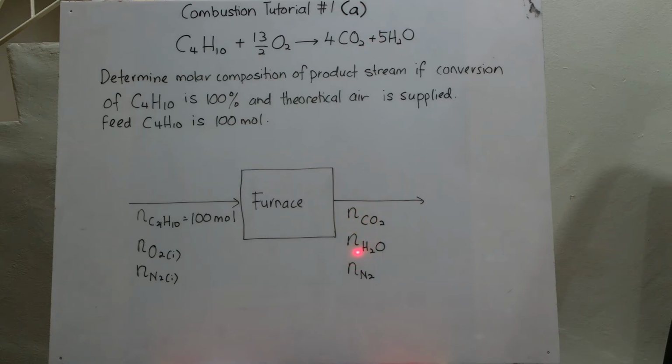We do not have any leftover butane or oxygen. But since N2 is not being used in the process, the N2 that goes into the process will equal the N2 that goes out from the process, because N2 is inert to the process.